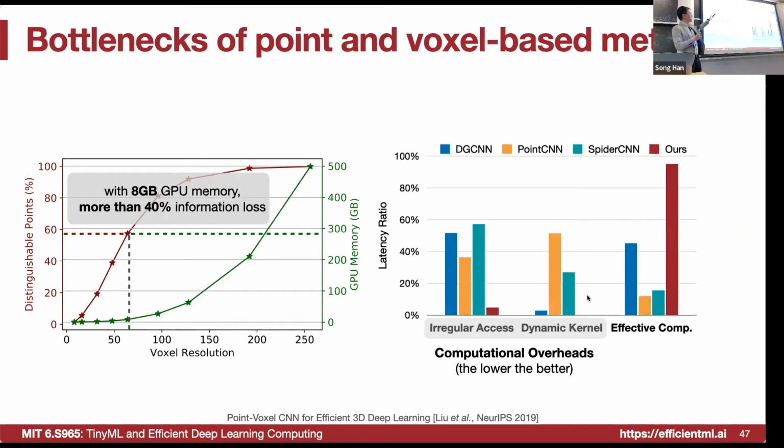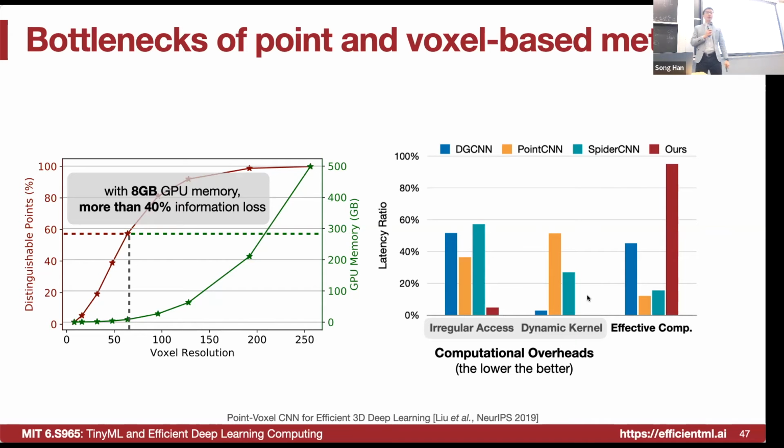Also, the bottlenecks for point-based and voxel-based methods are different. For voxel-based methods, the memory grows cubically with the voxel's resolution. So memory is the constraint, versus irregularity is the constraint for point-based methods.